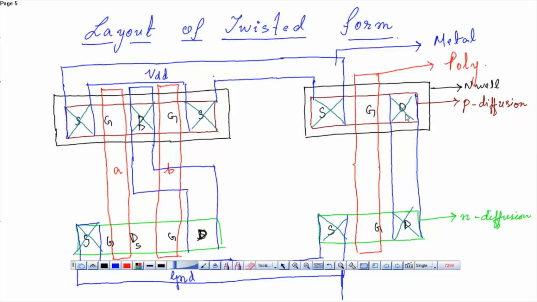This is a N substrate contact, and these are the P substrate contacts.